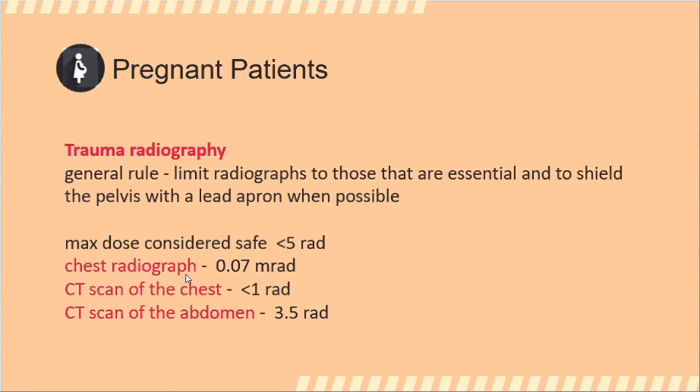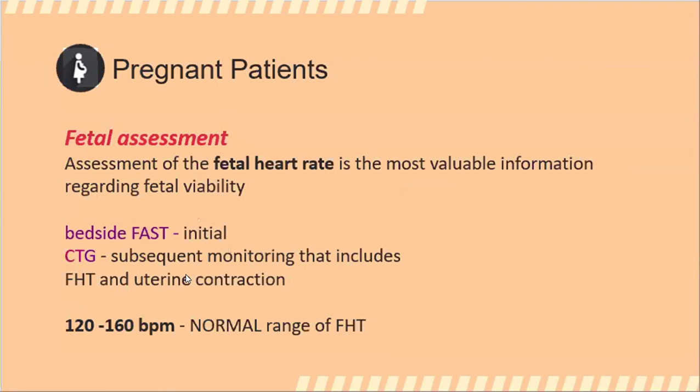So we can do ultrasound instead, or if kailangan, we must protect the abdomen. For the assessment, fetal heart rate is the most valuable information regarding fetal viability. Okay? The normal range is 120 to 160 beats per minute.